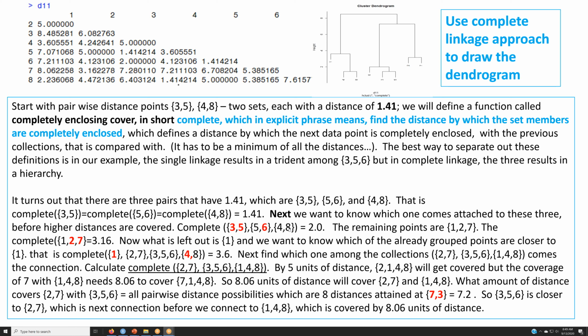Now among these pairs, we take each one of these points and find out the pairwise distance.